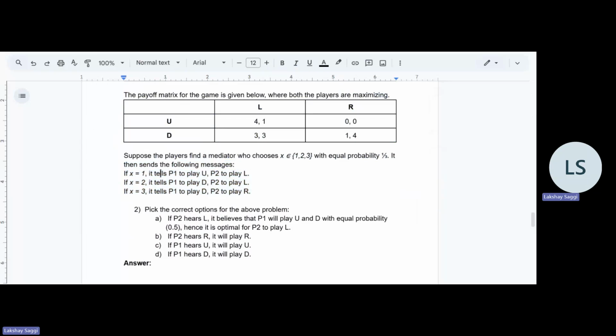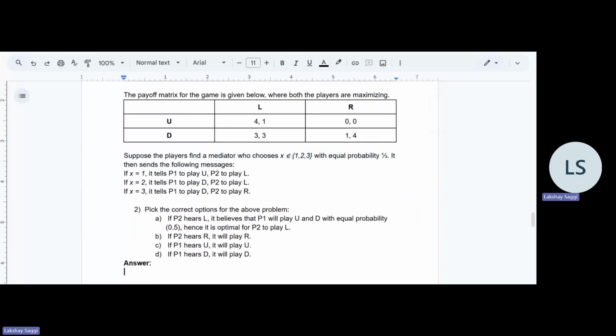If x equals 1, the mediator advises P1 to play U and P2 to play L. If x equals 2, it tells P1 to play D and P2 to play L. If x equals 3, it tells P1 to play D and P2 to play R. This is the plan which all the players know, but they don't know what comes up in the mediator's experiment.